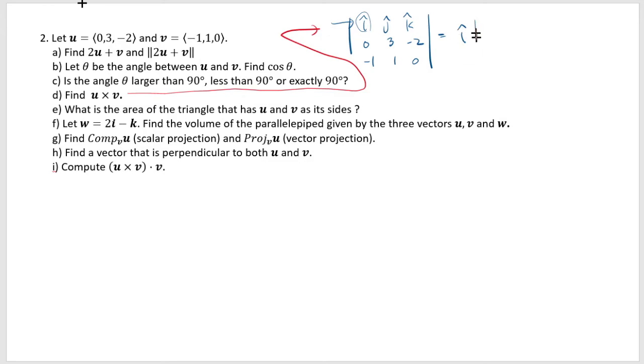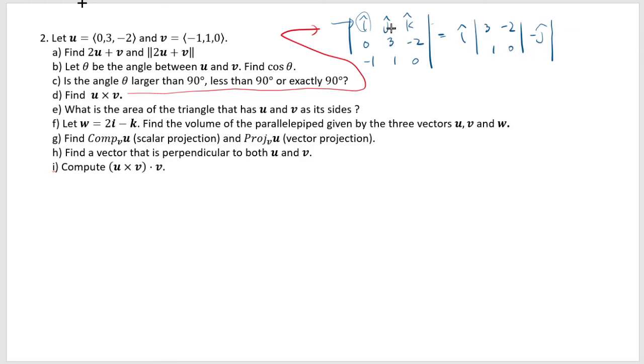So for I, the submatrix is 3, -2, 1, 0. That's the submatrix obtained by deleting the row and the column containing I. So you're left with this, right? And then the checkerboard of signs says you should put positive in front of I, negative in front of J, and then again positive in front of K.